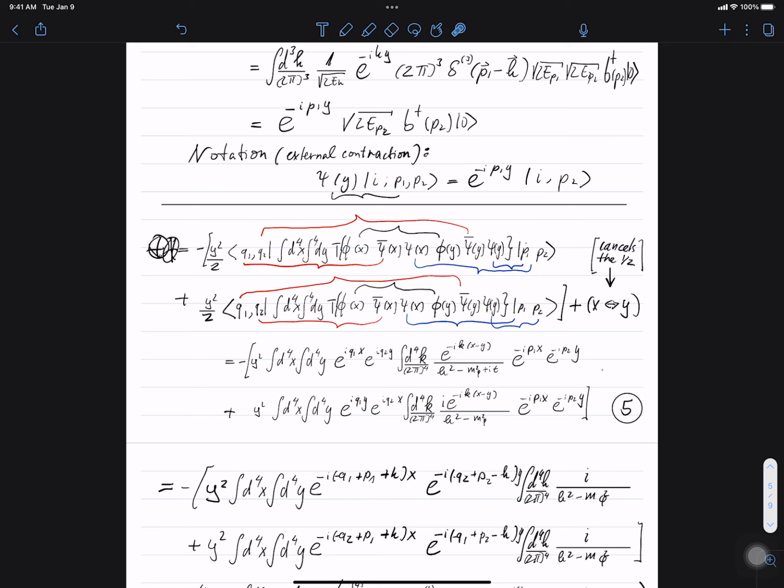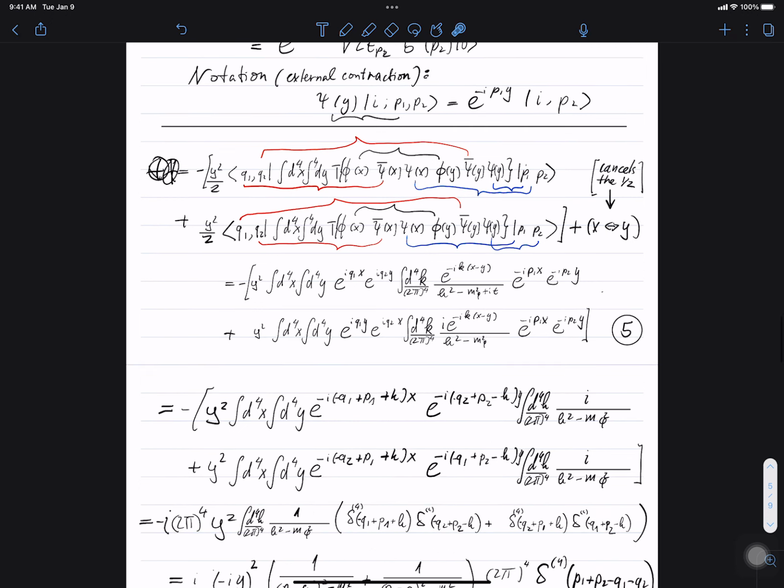Usually also this n factorial factor is canceled just by the number of contractions you will do, so it always disappears in this expansion. Now what we have is the exponential functions from the initial and final state contractions, and the Feynman propagator from the Wick contraction.